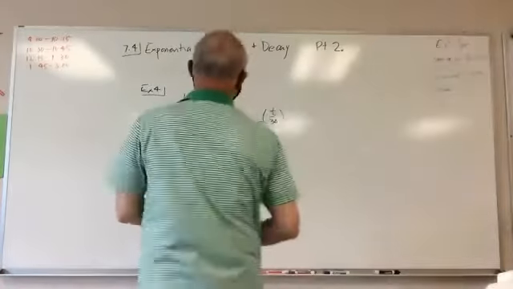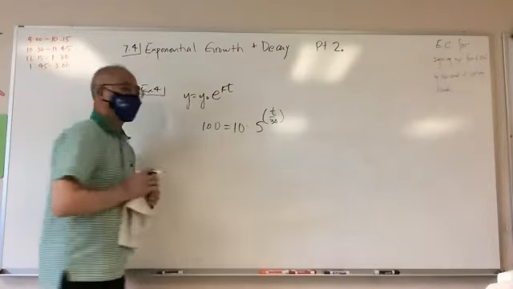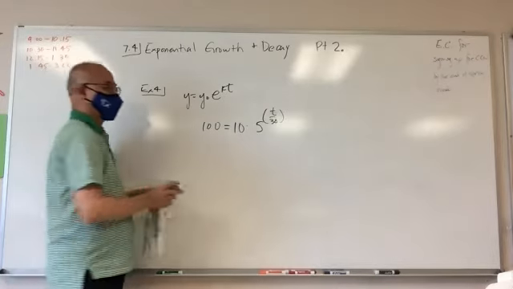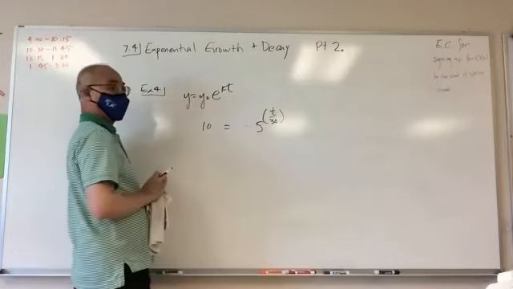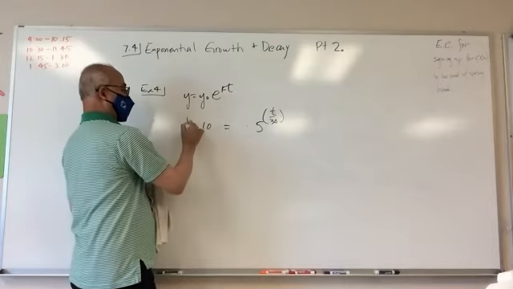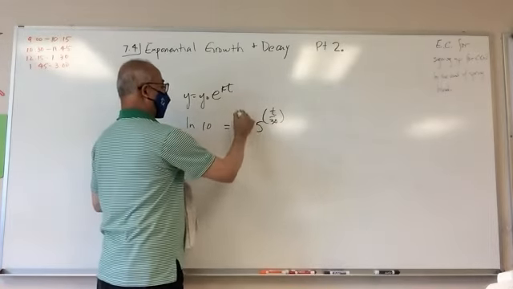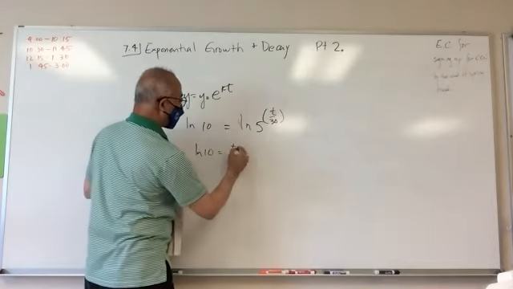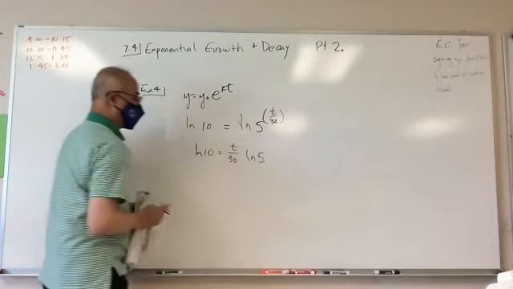So how much time will it take to become 100? Divide both sides by 10. Natural log of both sides. I'm going to get natural log of 10 is equal to T over 30 times natural log of 5.